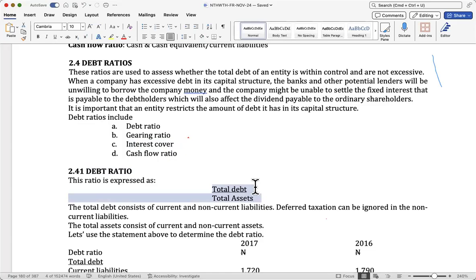Usually you would use your current and your non-current liabilities. You can simply ignore deferred tax, because deferred tax is just an accounting measure. It doesn't really measure any debts. So total debt and your total assets, just use your current plus your non-current assets. You get your debt ratio.